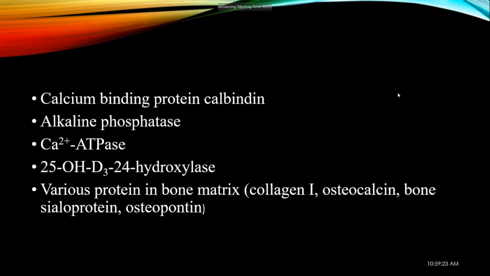And 25-hydroxycholecalciferol, the 24-hydroxylase enzyme. And apart from that, it also stimulates the transcription of genes responsible for the synthesis of various proteins in the bone matrix, like collagen 1, osteocalcin, bone sialoprotein, and osteopontin, which are necessary for the mineralization of bone.